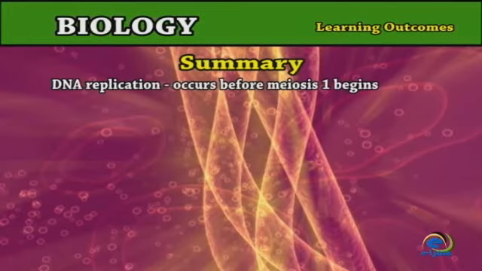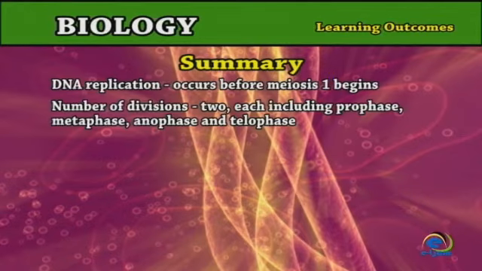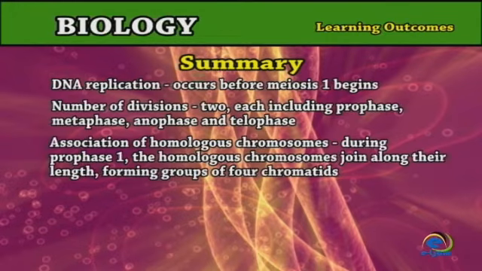Summary. DNA replication. DNA replication occurs before meiosis 1 begins. Number of divisions, 2, each including prophase, metaphase, anaphase, and telophase. Association of homologous chromosomes. During prophase 1, the homologous chromosomes join along their length, forming groups of 4 chromatids.